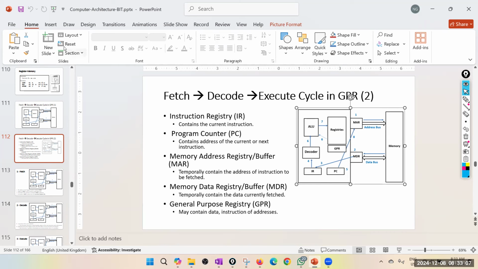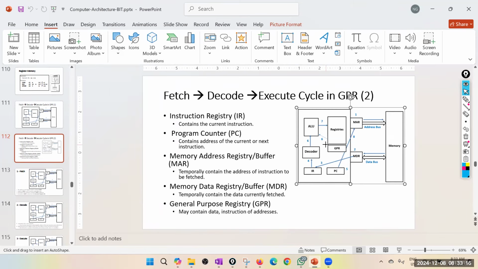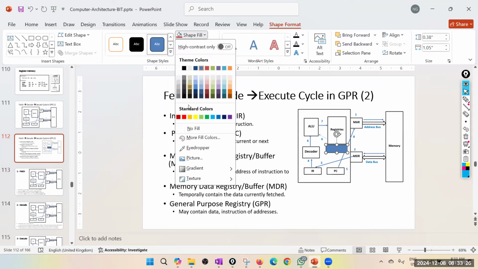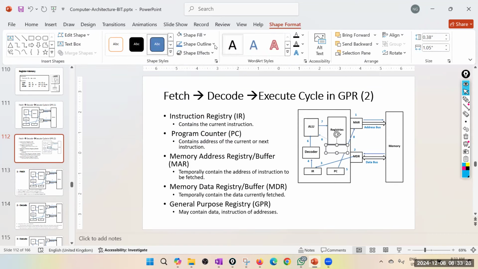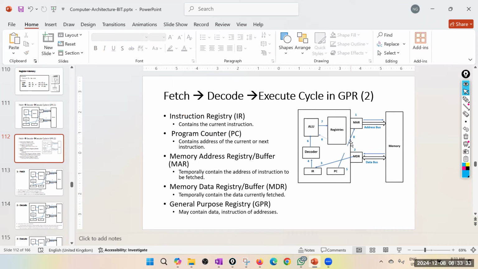Let me hide this, otherwise you get confused. So there's a small break, but that is better than confusion.